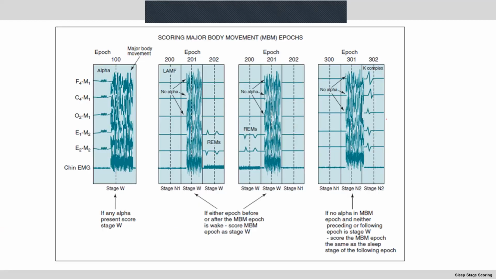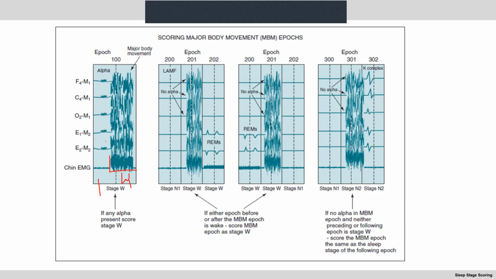Okay, so here is a pictorial representation of major body movement. This is the first epoch, second epoch. Just remember, if major body movement is associated with some kind of arousal or alpha, higher EEG activity, then mark that epoch as wake.